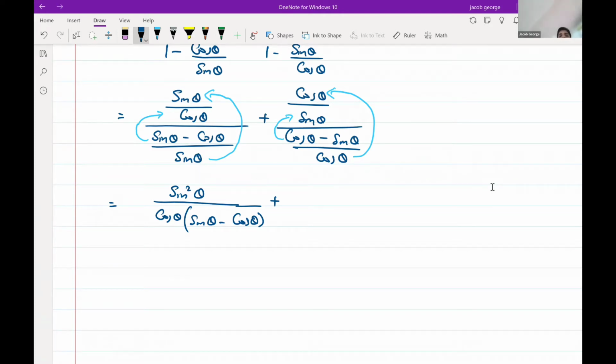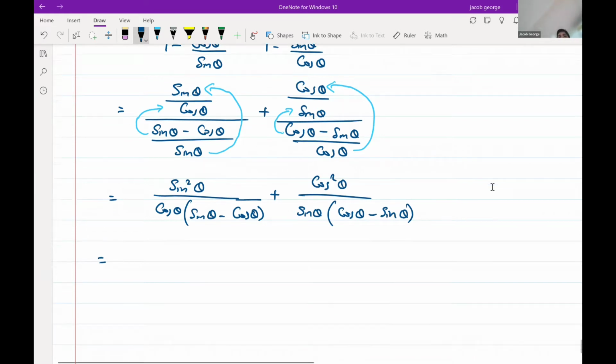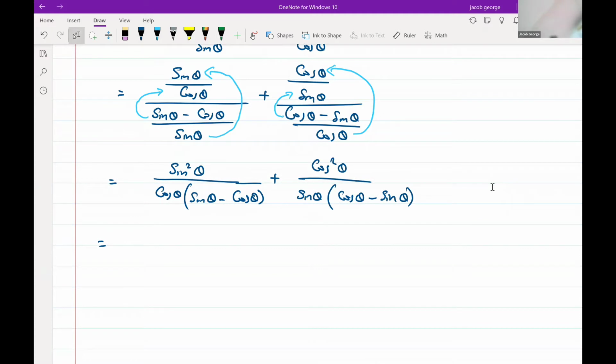Next, also the same: cos square theta by sin theta into cos theta minus sin theta. Is that clear? Right? Okay.